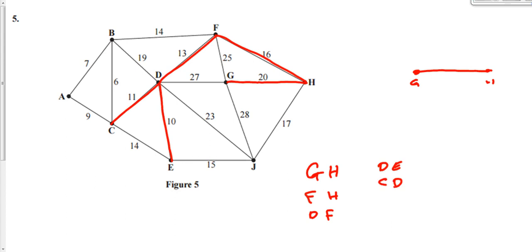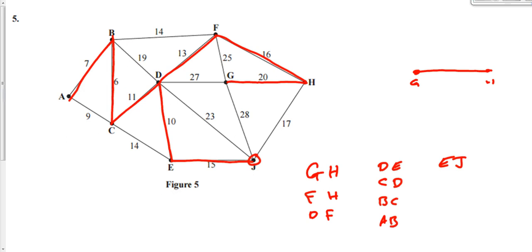And after CD is BC. And next one is BA, or AB. Notice that for these ones you don't need to say ignore anything. And then the only one that's not connected now is J, so it's going to be EJ for the last one.